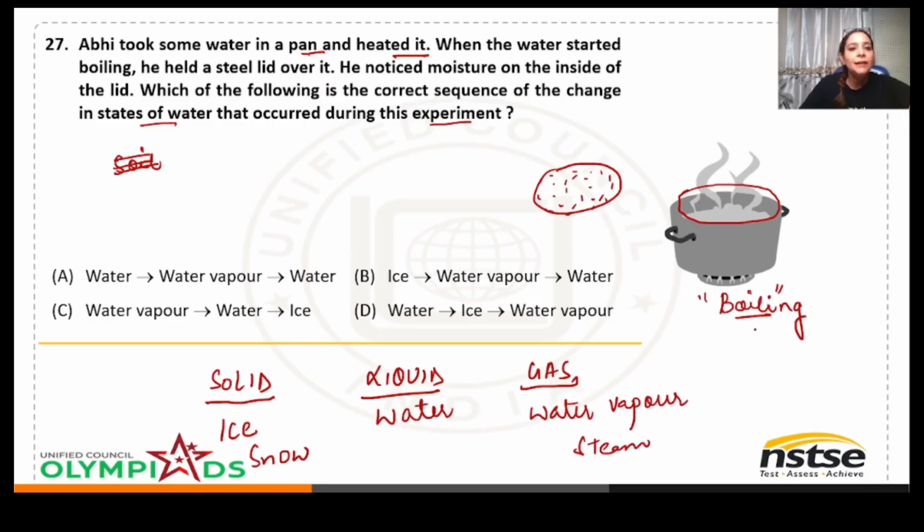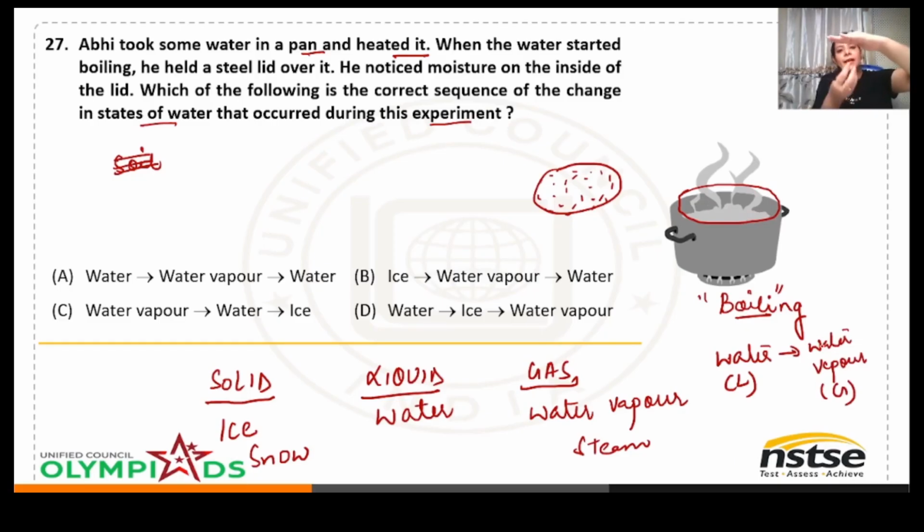Now here, when Abhi started boiling, he took water, so that means he took the liquid state. And when he was heating, water was getting converted into vapor, that means a gaseous state. But when he covered it with a lid, what happens?